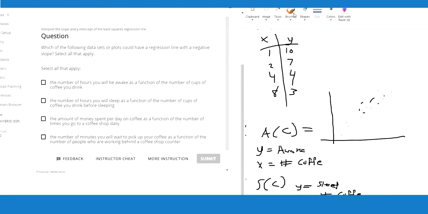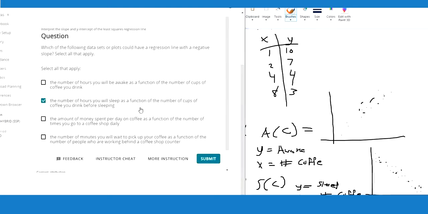Okay, so let's graph what that scatter plot might look like. If you drink tons of coffee, you're probably not going to be sleeping much. If you're somewhere in the middle, you've got your normal amount of sleep. This isn't a really super good example because even if you drink tons of coffee, you're still going to sleep, right? But this would be a roughly negative slope.